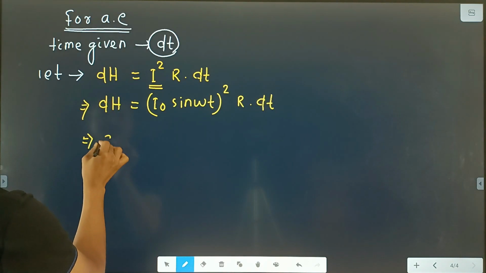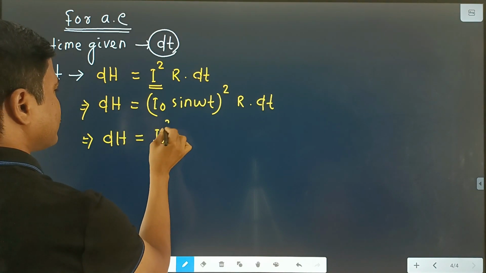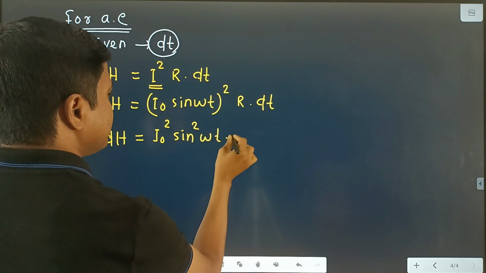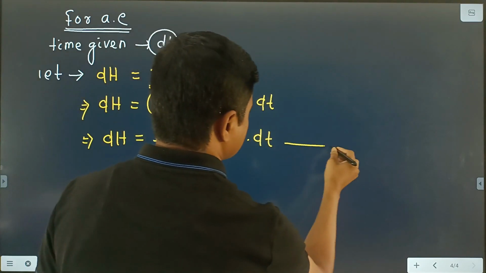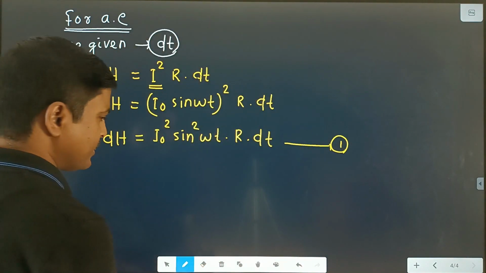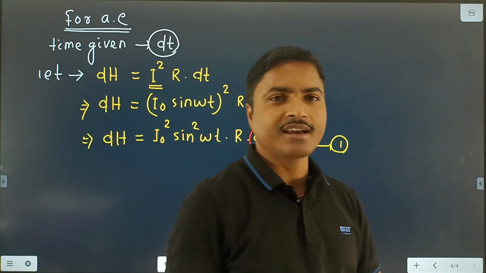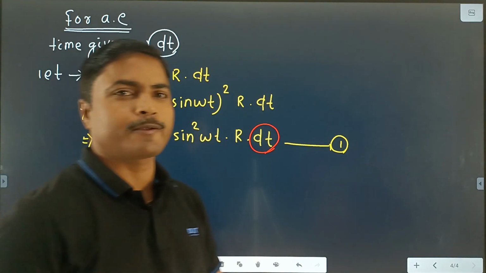That implies the small heat produced is I0 square sin square omega t R into dt. This is the small heat produced when time is also very small, time is dt. That means for dt time, this is the amount of heat produced in a conductor.